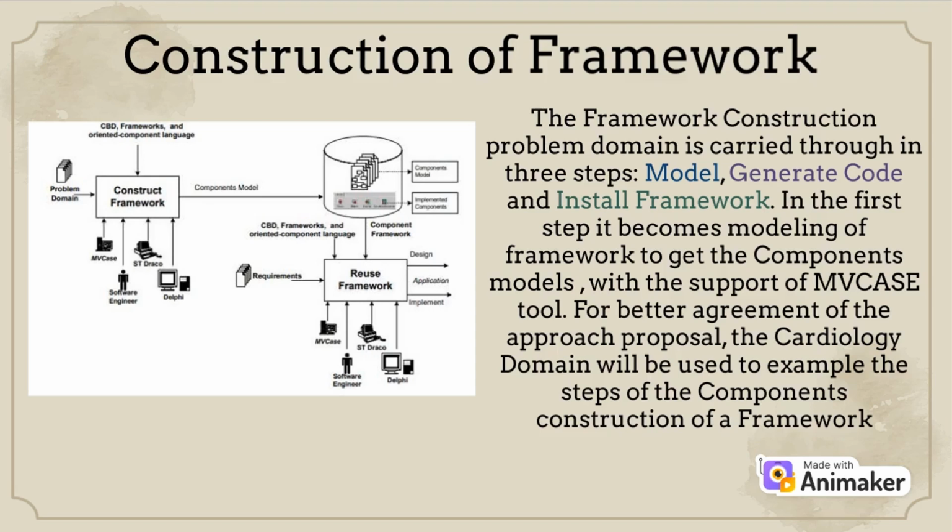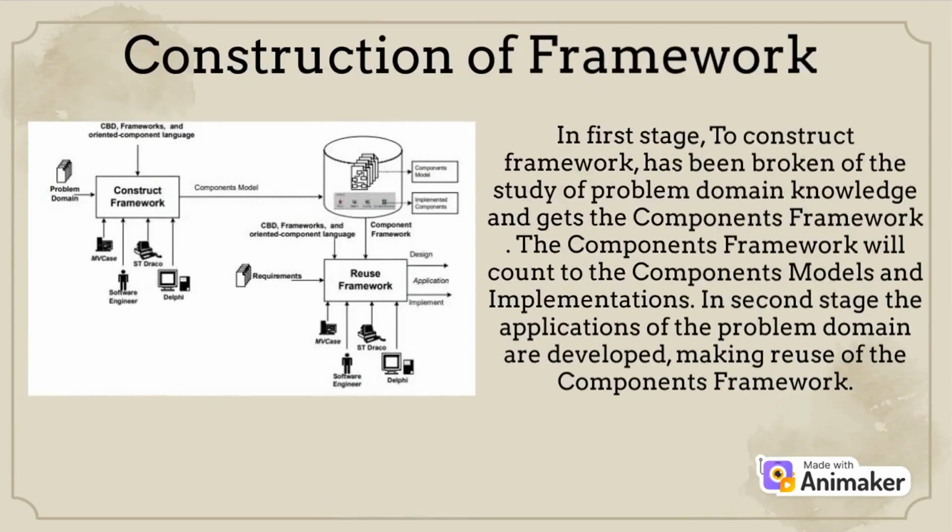The cardiology domain will be used as an example of the steps of component construction of a framework. In the first stage, to construct the framework, we study the problem domain knowledge and get the component framework. The component framework will lead to the component models and implementation. In the second stage, the applications of the problem domain are developed, making reuse of the component framework.